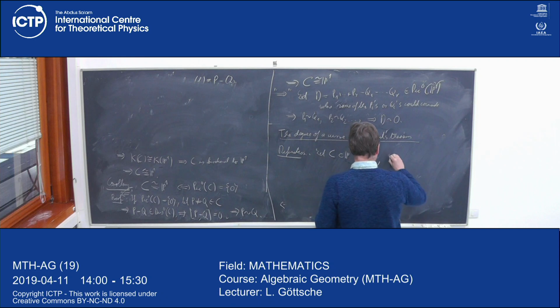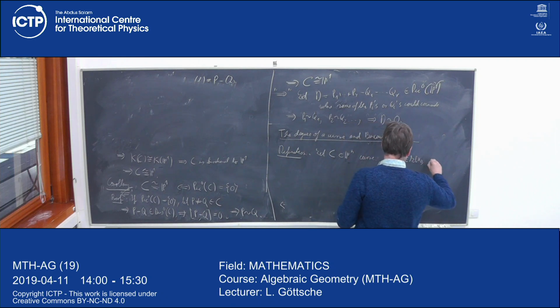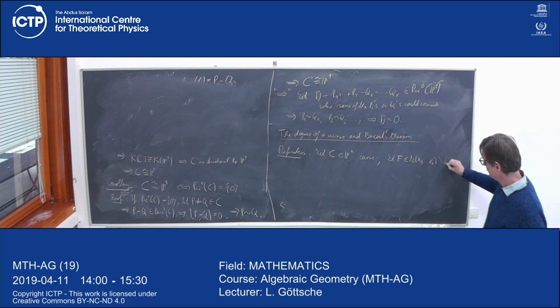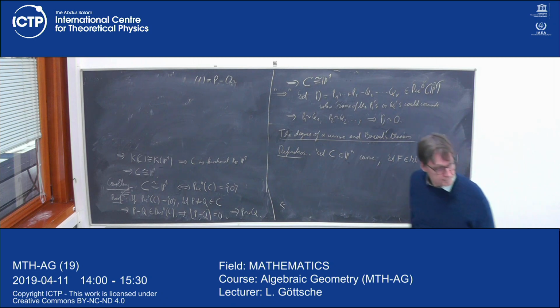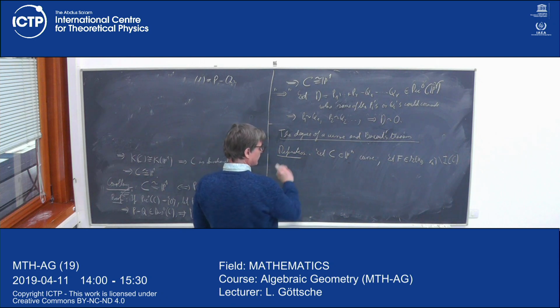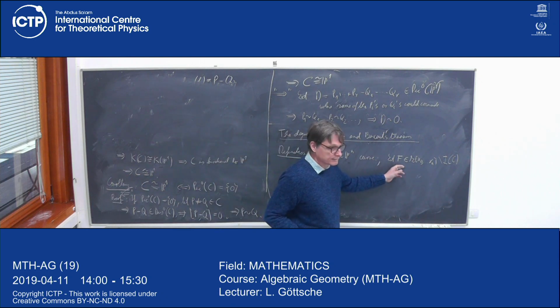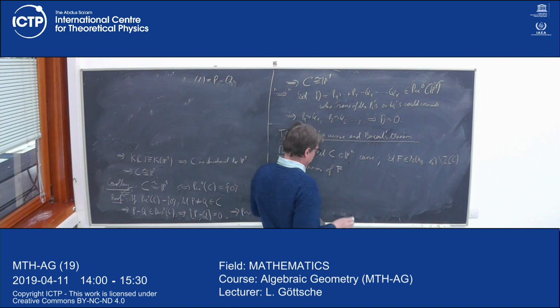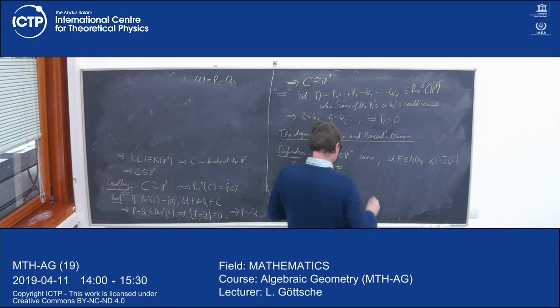And I take a polynomial F living on this projective space, but it should not vanish on C. Then I can associate the divisor to this polynomial. So the divisor of F, and with my lack of fantasy, I call it div of F.